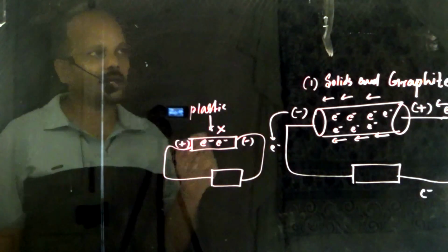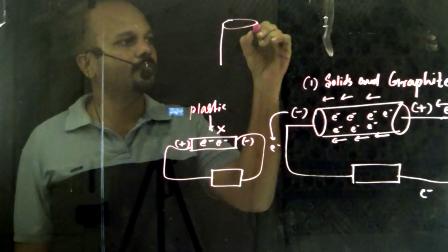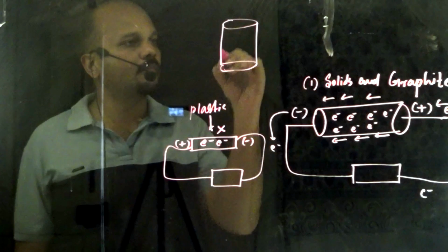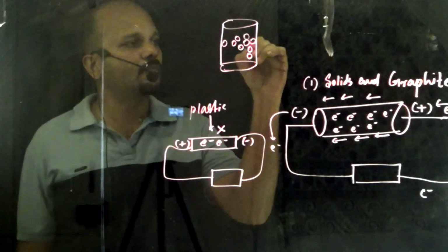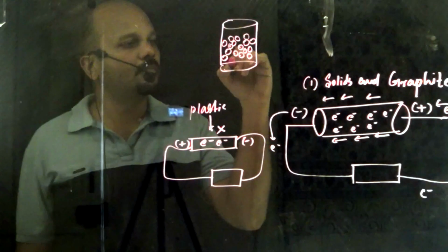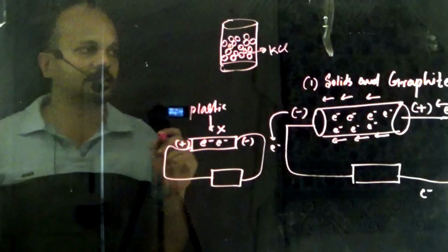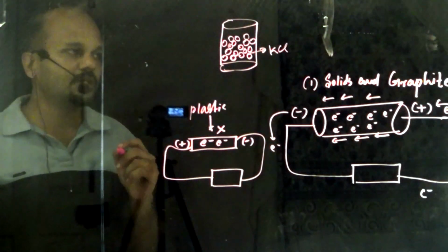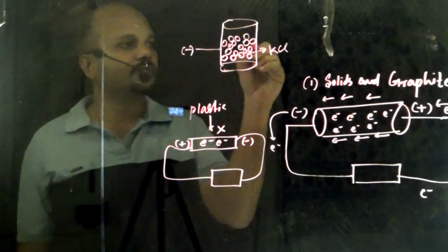And when you are taking ionic solids, consider an ionic solid, let it be potassium chloride. This is nothing but an ionic solid. So what should happen if you are connecting a negative and a positive terminal?